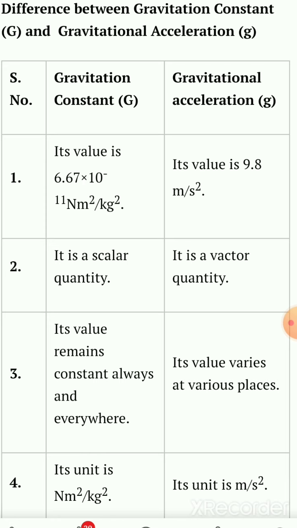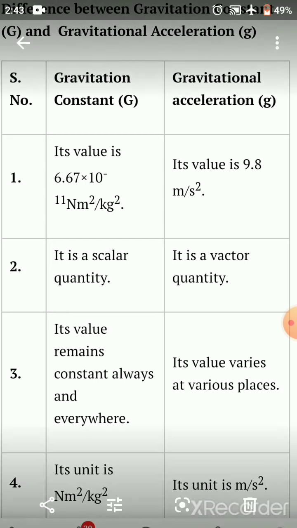So it has both magnitude as well as direction, therefore it is a vector quantity. g is an acceleration and acceleration is a vector quantity, therefore g is also a vector quantity. Now its value remains constant always and everywhere.